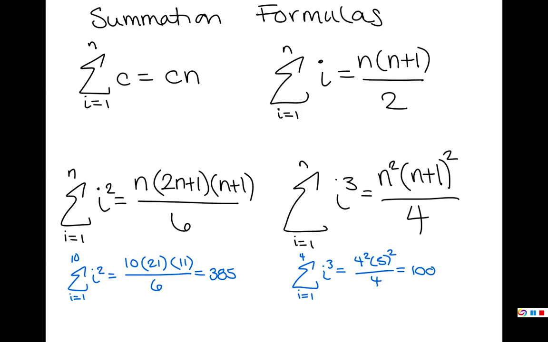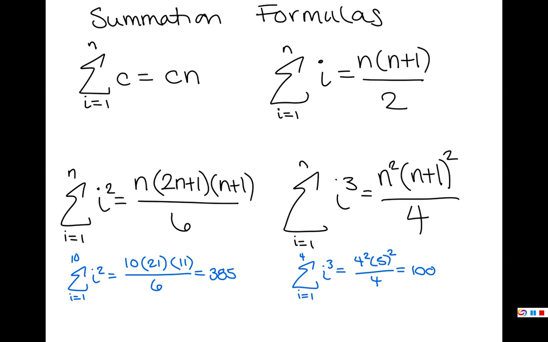So if you want to add up i squared from 1 to 10, so now you're adding 1 plus 4 plus 9, adding up squares of these numbers, the formula says n times (2n plus 1) times (n plus 1) over 6. I just plugged 10 in for the n's. I got 10 times 21 times 11 over 6, and I put that in my calculator and got 385.